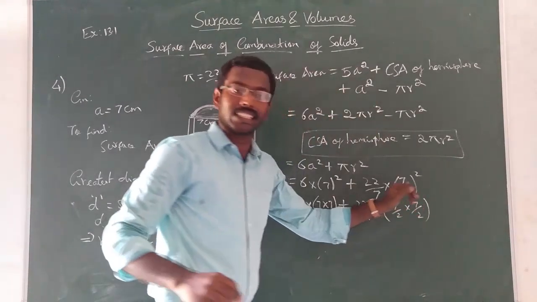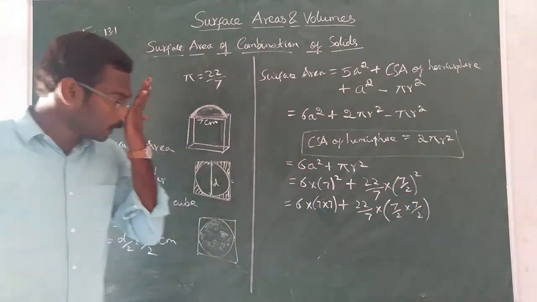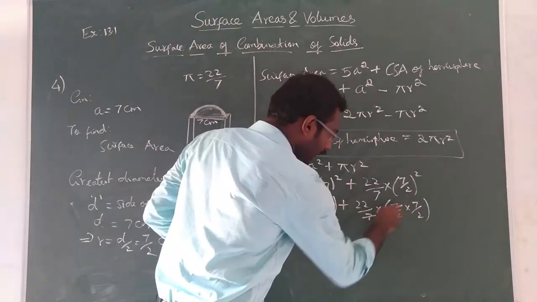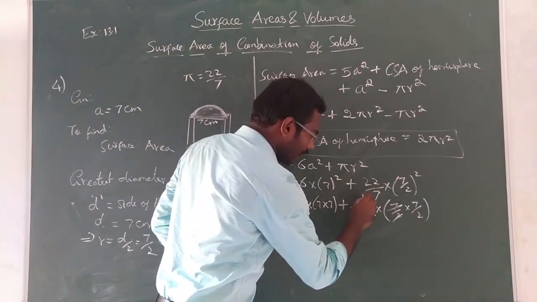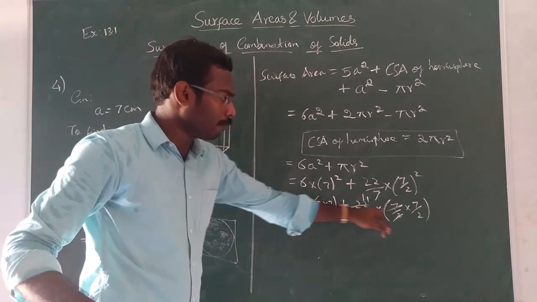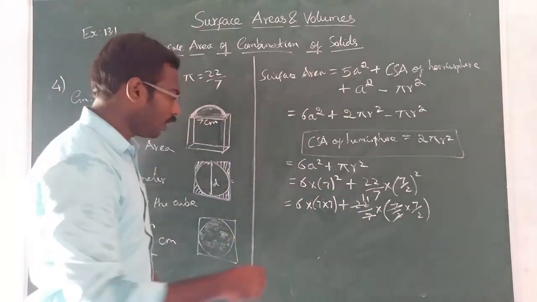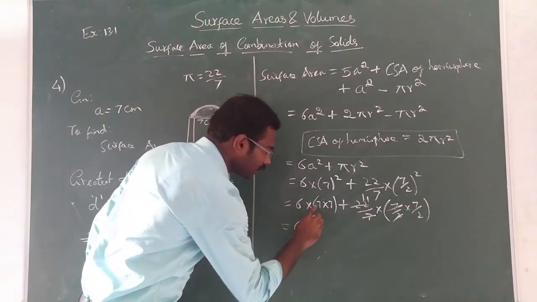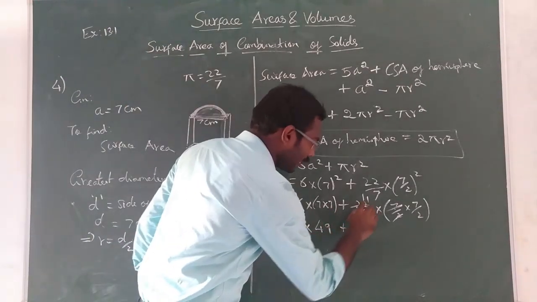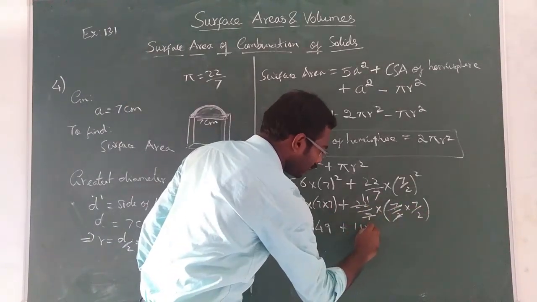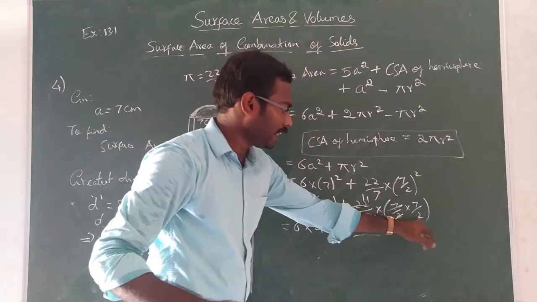Now you can cut this 7 and this 7, this 2 and this 22 is 11. Okay, 22 divided by 2 is 11. So now we have 6 into 49 plus, so here 11 into 7 divided by 2.